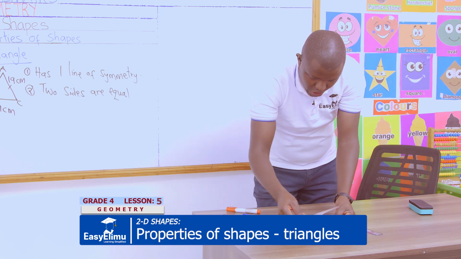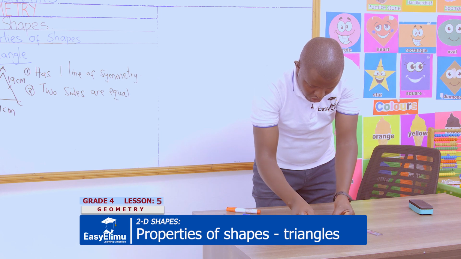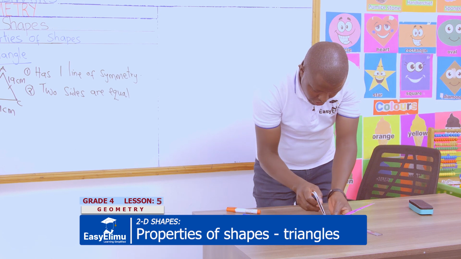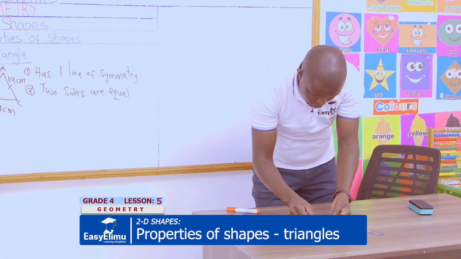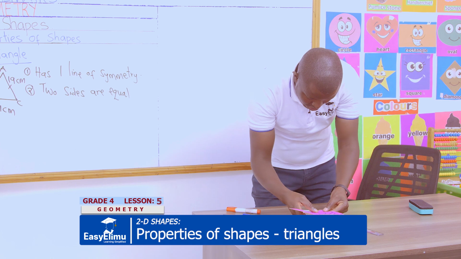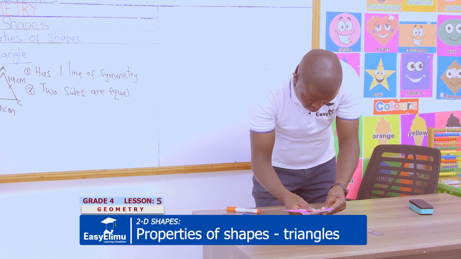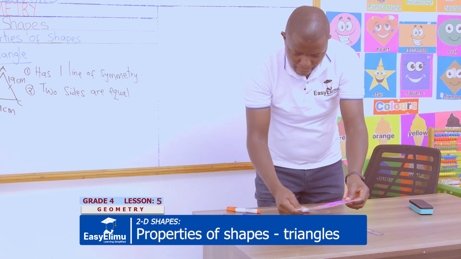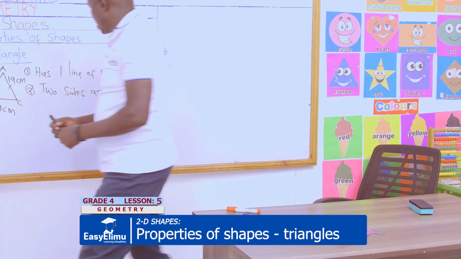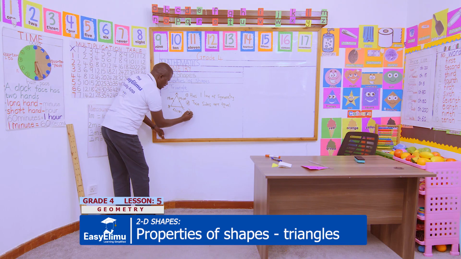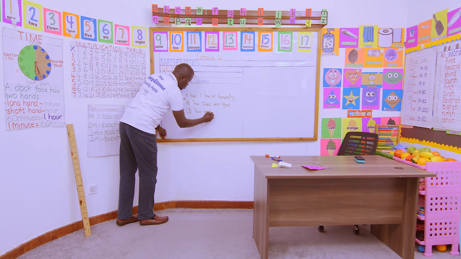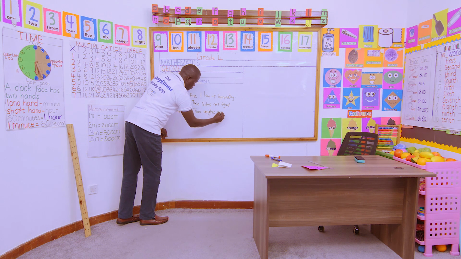So let us go to angle C. Angle C is the same as angle B. So two angles are equal, but not 90 degrees.